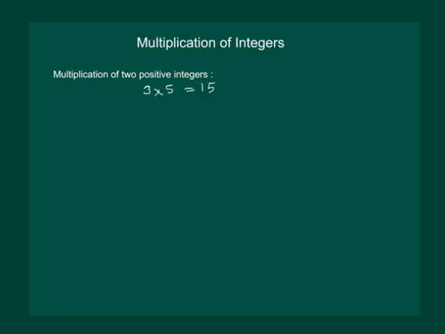We also know that multiplication is repeated addition. 3 into 5 is same as 3 times addition of 5, that is equal to 5 plus 5 plus 5, 3 times.